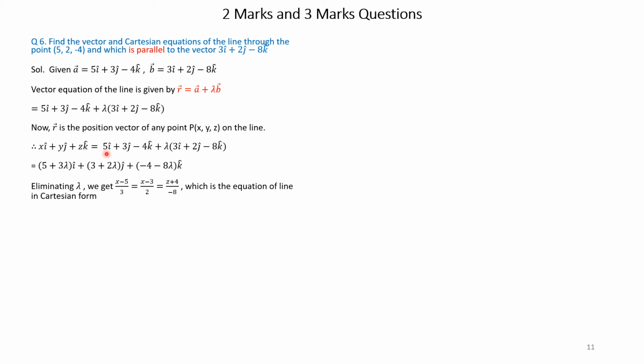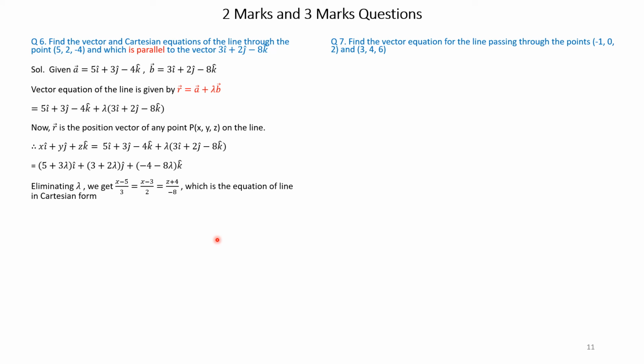So x minus 5 divided by 3 equals, again, y minus the constant in j, divided by 2, equals z plus 4 divided by minus 8, which is the equation of the line.